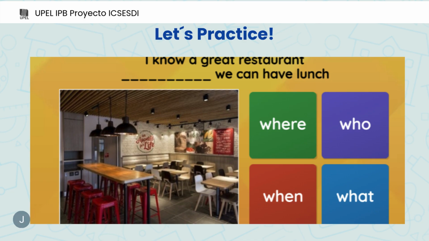Because the next clause is not directly describing the restaurant, it is just giving you an option. So these are two ideas joined by this word, but the second clause is not describing the restaurant. So that's an extra clue for you to determine that this is a noun clause.